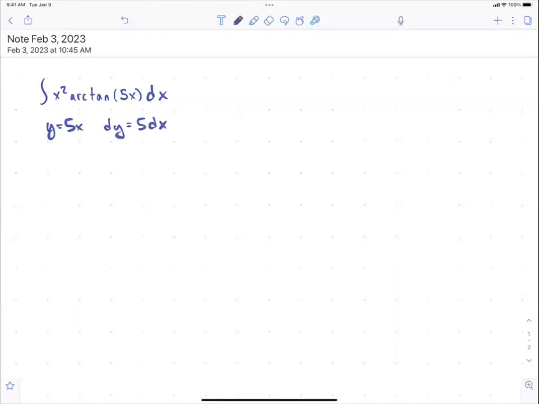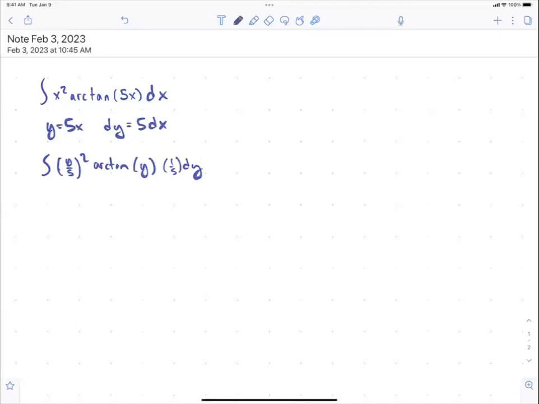And with that substitution, this becomes the integral of, so x is y over 5, squared, arctan of y, then 1/5 dy.